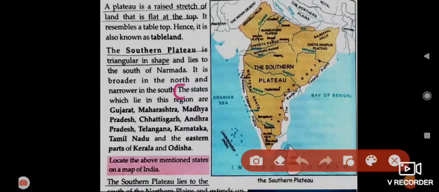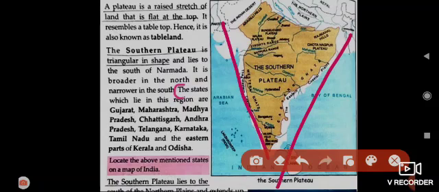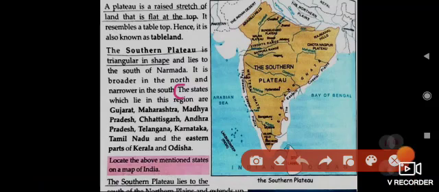Now, the Southern Plateau is triangular in shape. In the book, you can see that it is triangular in shape and lies to the south of Narmada.